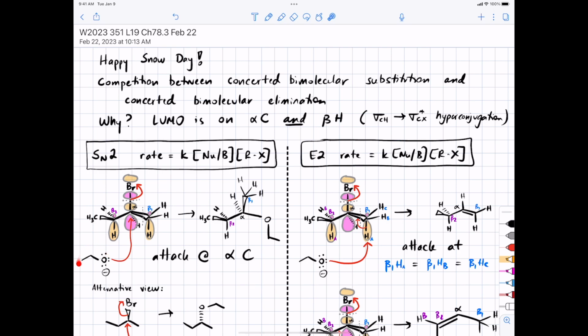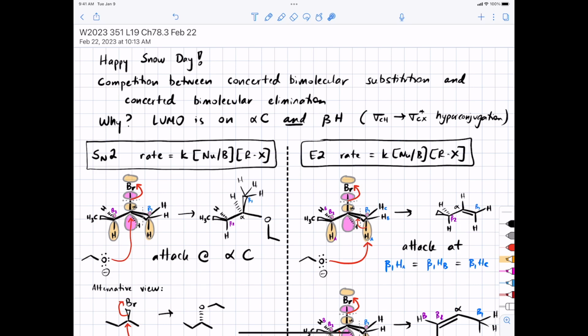Substitution happens when the nucleophile attacks the LUMO, shown here as being mostly the carbon-bromide sigma star, but spreading out also onto the adjacent beta protons. The nucleophile attacks the alpha carbon, dumping electrons into the sigma star, and then the leaving group leaves.